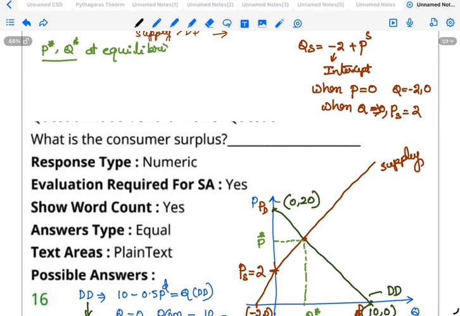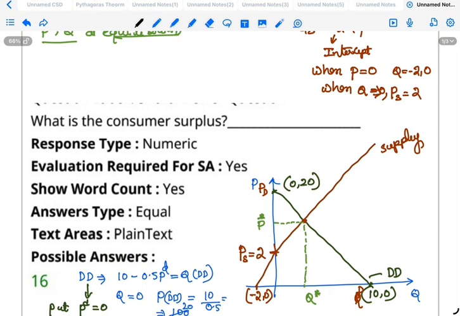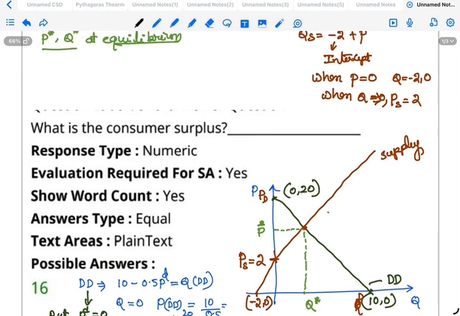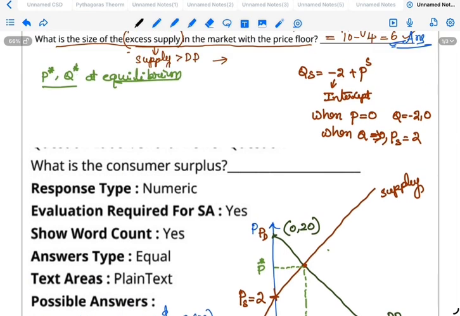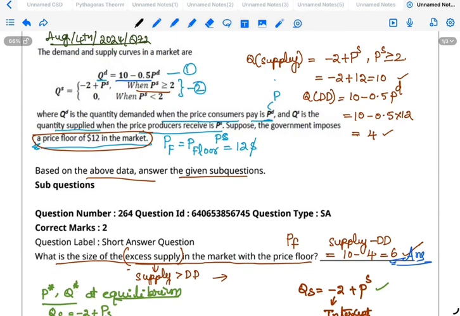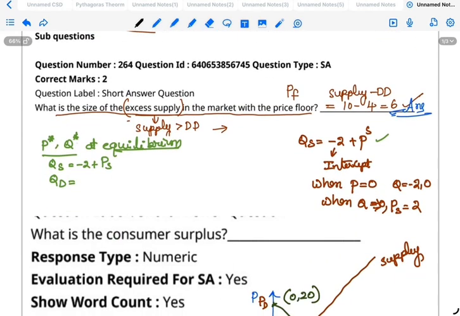This is the meeting point of the supply curve and the demand curve. So supply is QS equals minus 2 plus PS, and the demand function is QD equals 10 minus 0.5 PD.